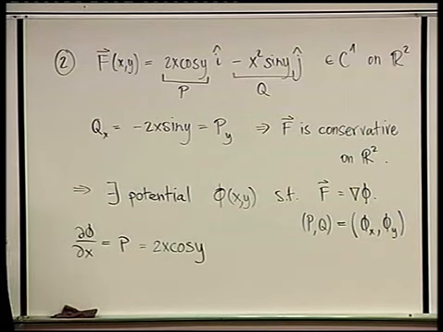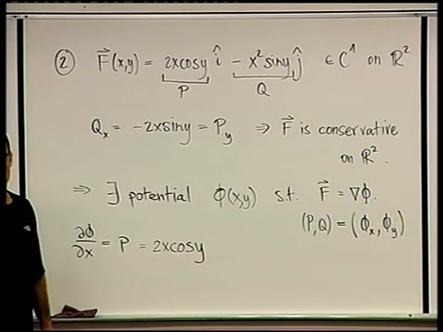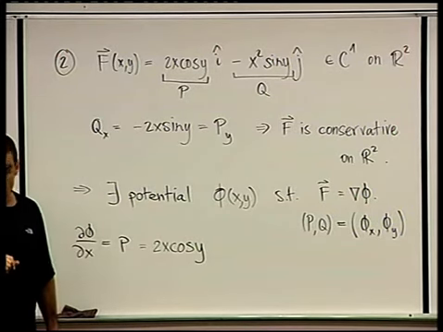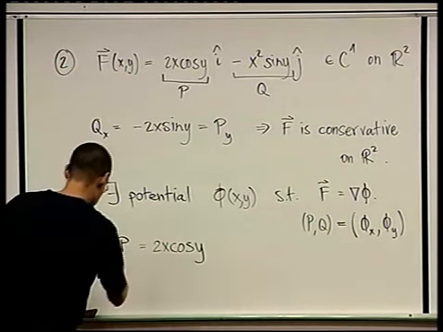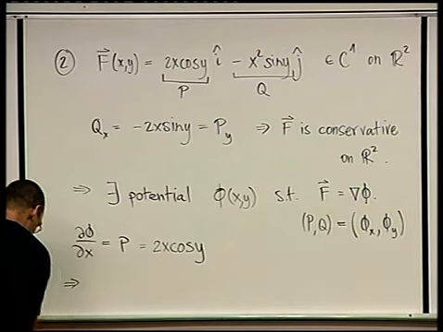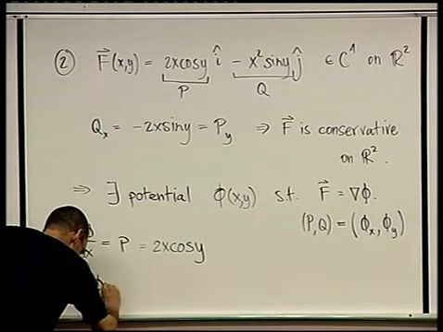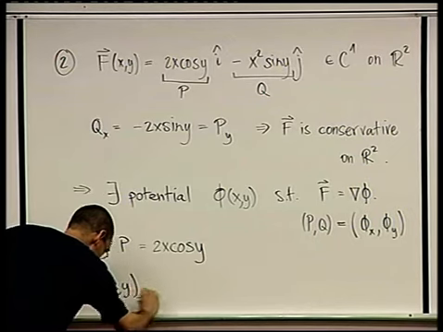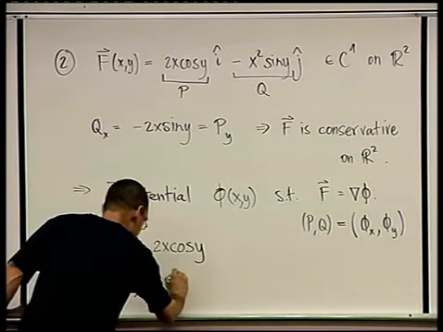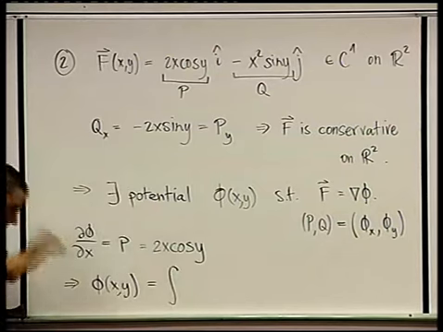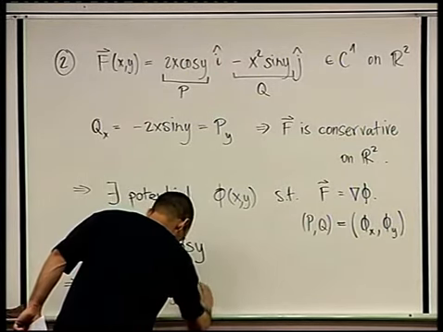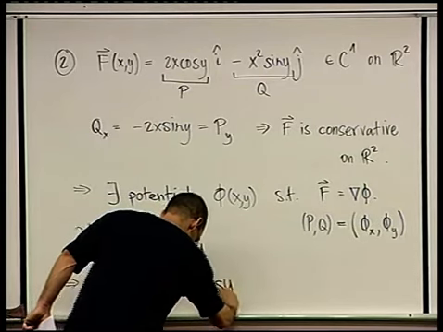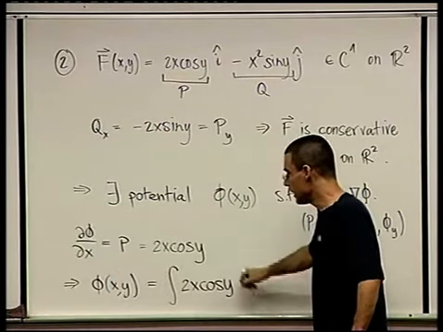We've done things like that back in Calc 1. That's what we called antiderivatives, or indefinite integrals, right? Finding the antiderivative. So phi itself is going to be the indefinite integral of its derivative, dx.